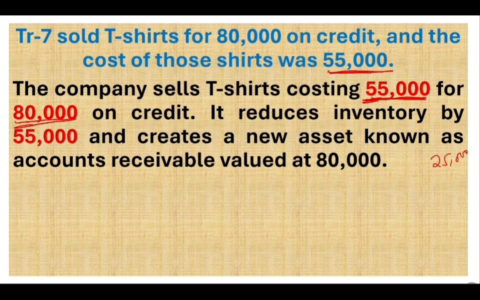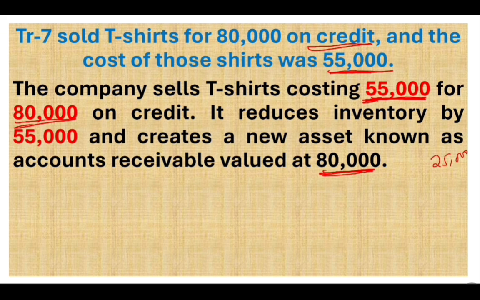It reduces inventory by 55,000 because we are going to sell the t-shirts, the inventory that has a value of 55,000. So the inventory is reduced by 55,000 and creates a new asset known as account receivable, which has a value of 80,000. 80,000 is the amount that's going to be received in the future, because we sold the t-shirts on credit.